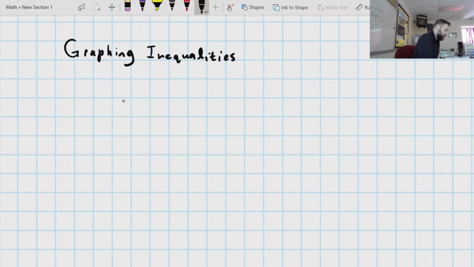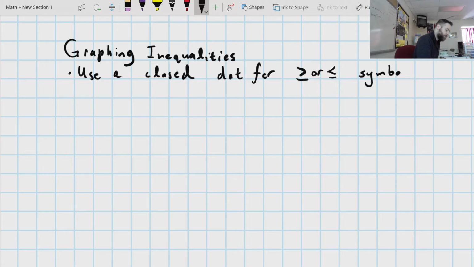So with these graphing inequalities, you want to use a closed dot for greater than or equal to and less than or equal to symbols, okay? Whenever you're graphing these, and you'll kind of see what I mean here in a minute.